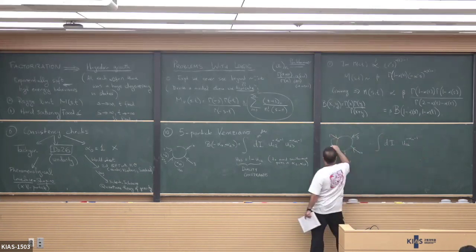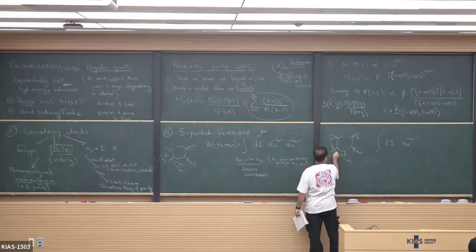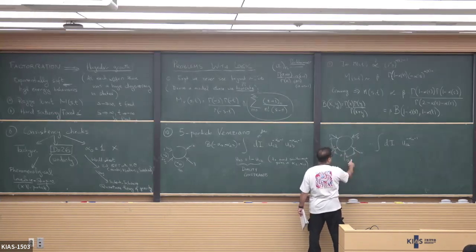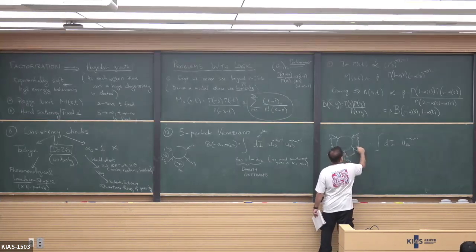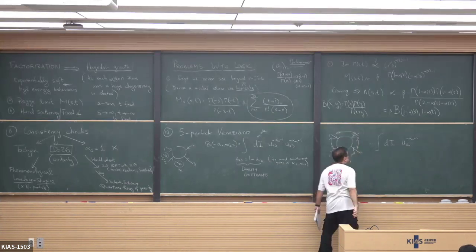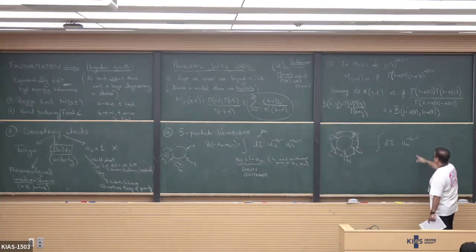Every time you see adjacent variables, you introduce u12, u23, u34, u45, and u51, and raise it to the corresponding alpha power.